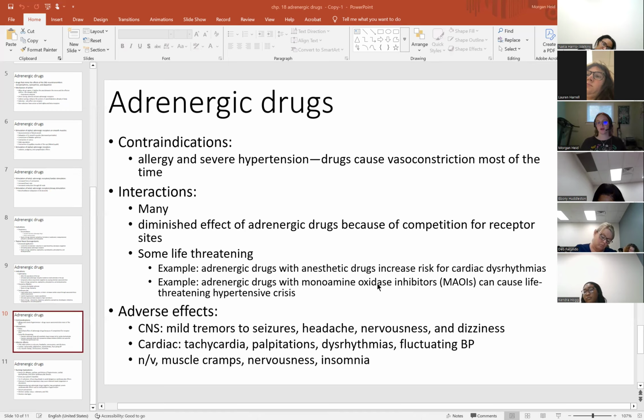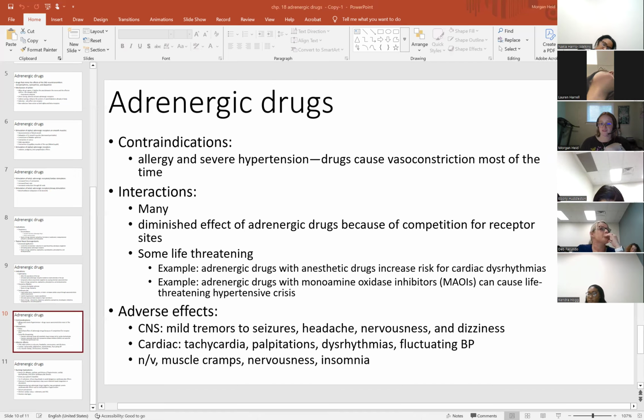Compare it to the other medications they're taking, just to make sure you didn't miss anything, because to have you memorize it would be insane, and I'm not going to do that to you. Just know that there's a lot, so do a med rec. I just want you to know the two biggest examples for the adrenergic drugs as a whole, so it could be any of the ones that we just listed.